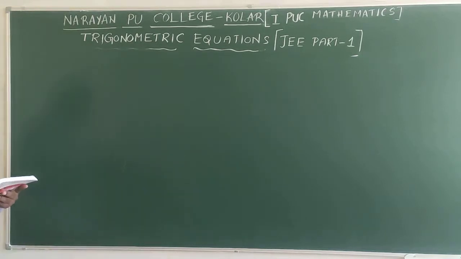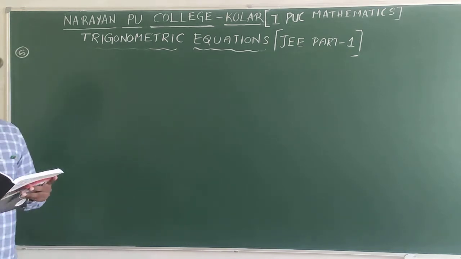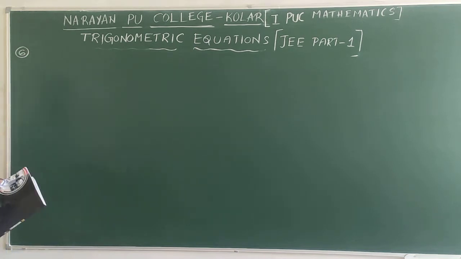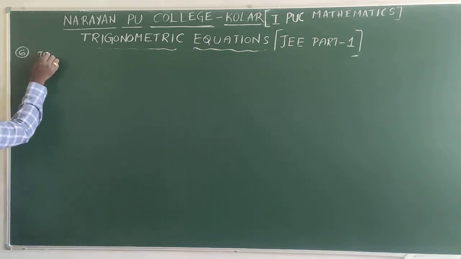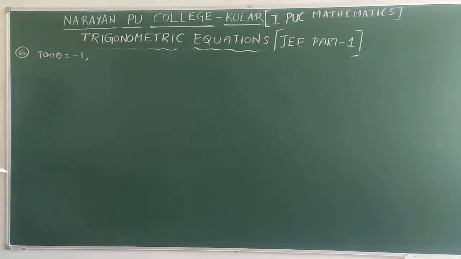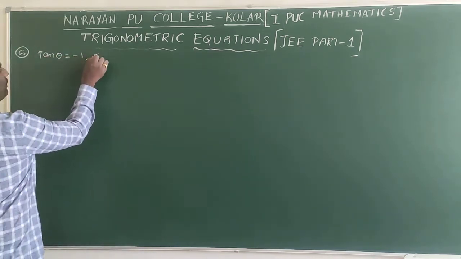Next, sixth question. The most general values for which tan theta equals minus 1 and cos theta equals 1 by root 2.